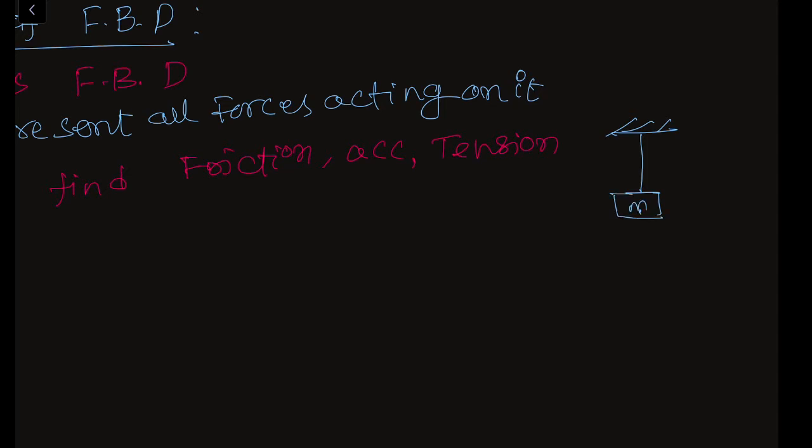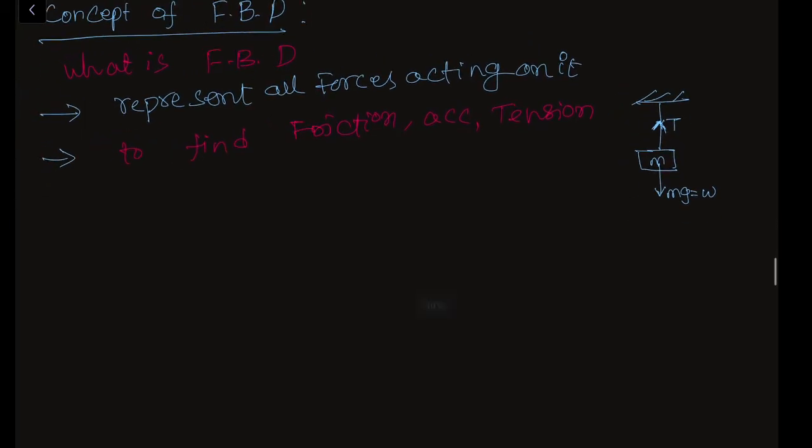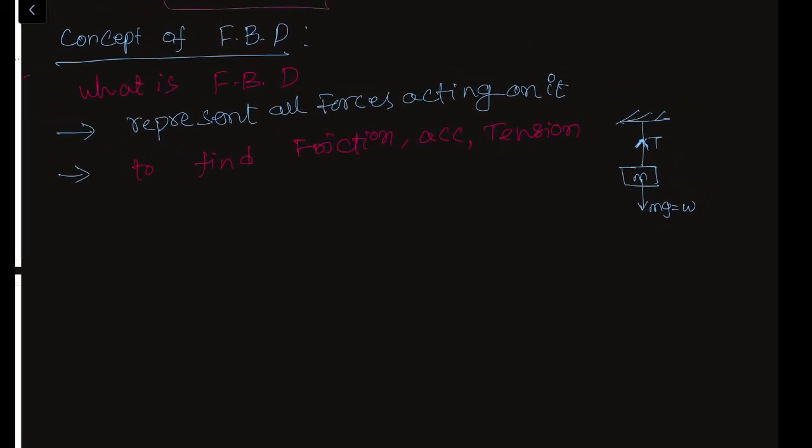This mass has some gravity, mg, which is equal to its weight. Whenever a mass acts on the string, a tension force is developed, opposite to the weight vector. Got it, children? What is a free body diagram? It represents all forces acting on the body.